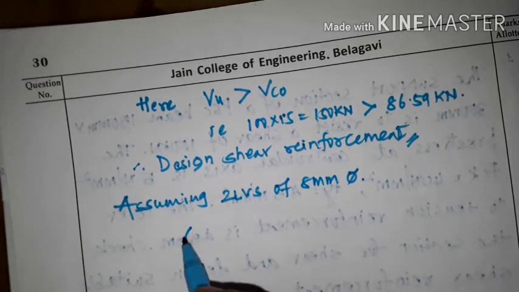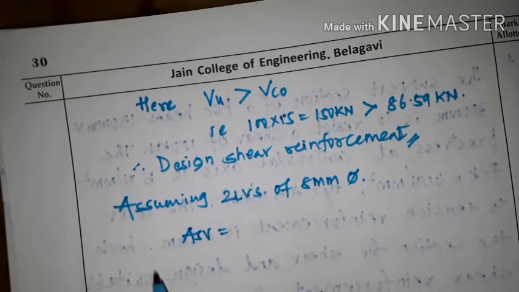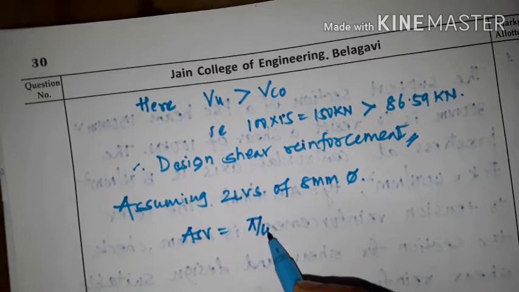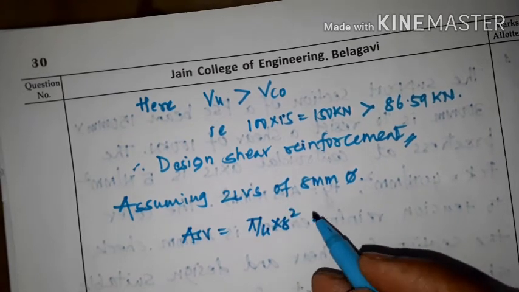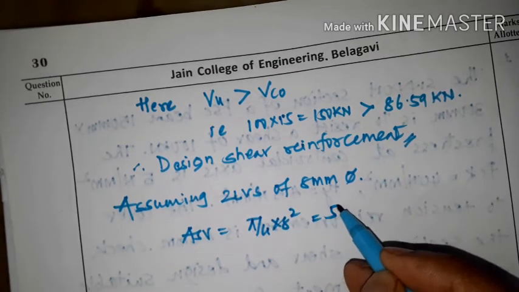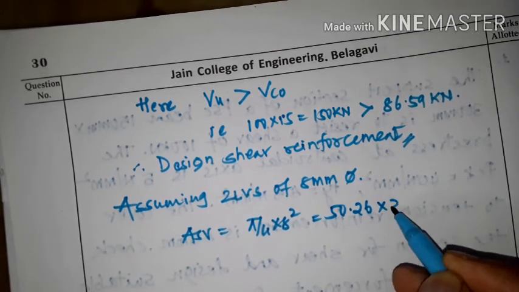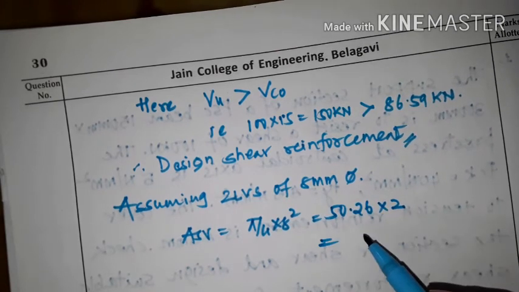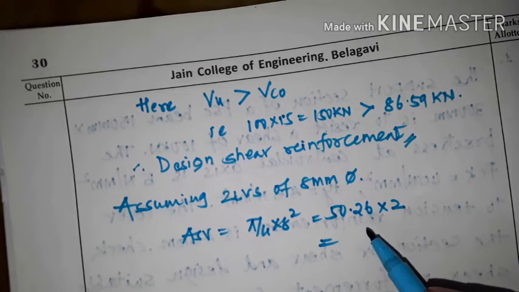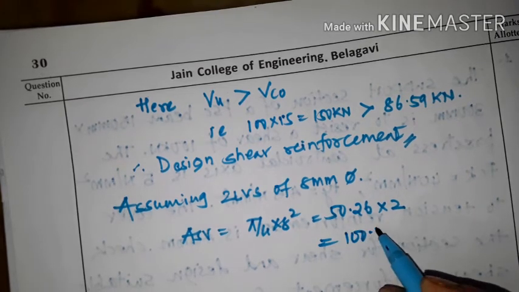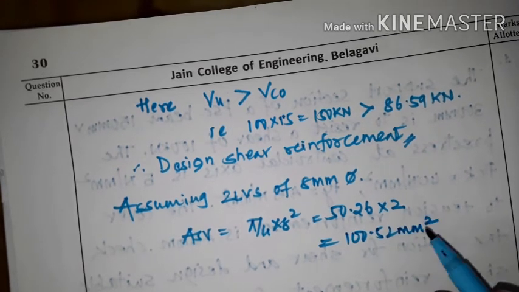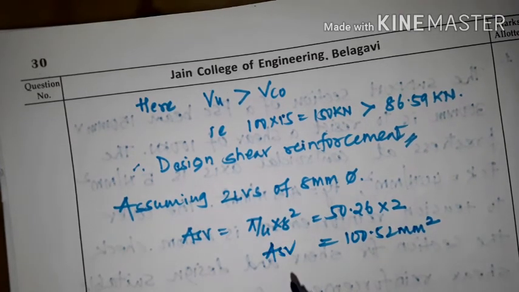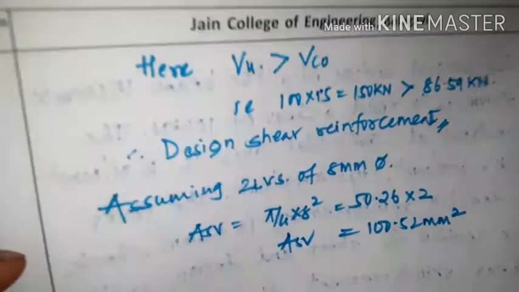So for that ASV is equal to, the area of vertical stirrup is pi by 4 into 8 square. Okay, that is 50.26 into 2 legs. Why it is 2 legs? Because a 2 legged stirrup is there. So that is 100.52 mm square. So ASV is 100.52 mm square.